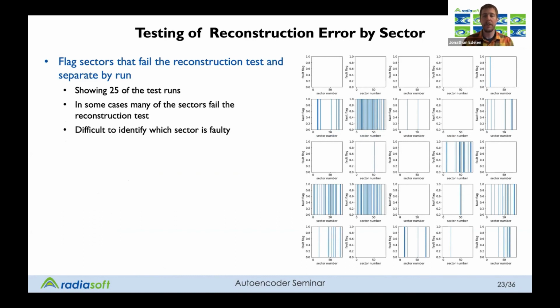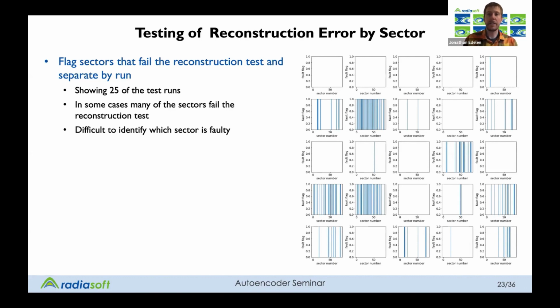So this was trying to say, okay, we've identified that a magnet's going to fault, but can we identify which sector the magnet's in? And so this is looking at which sectors are flagging as being faulty. Because we set the threshold at 0.6, a number of the sectors are not flagged as faulty, so we don't get 100% true positive identification. But in the cases where we do get true positive identification, there are a number of cases where we flag many sectors as being faulty as opposed to just one or two or three.